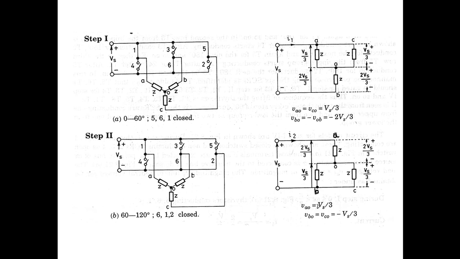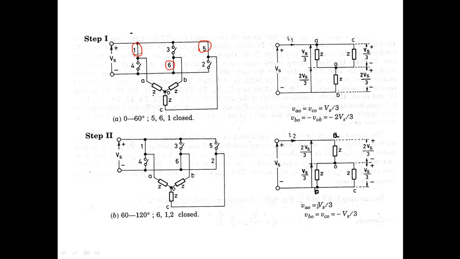So here the first one will be the circuit diagram. This is the first thyristor, and 6 will be conducting and 5 will be conducting.